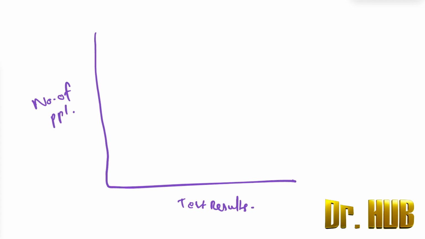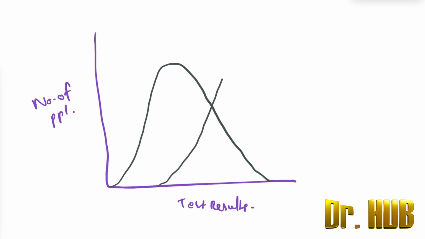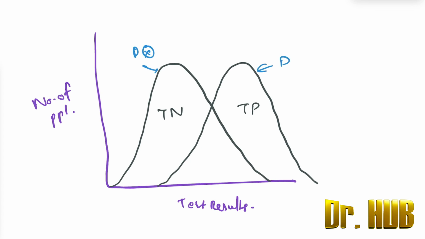On the left side, the peak is the true negative, and on the right side is the true positive. So this will be TN, this is going to be TP. Here the disease is absent, and here the disease is present. And the FN, the false negative, is slightly moved to the left side. Here it is FN, and on the right we have the FP, that is false positive.